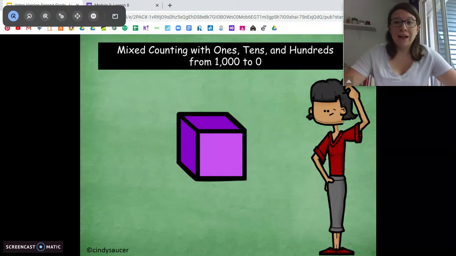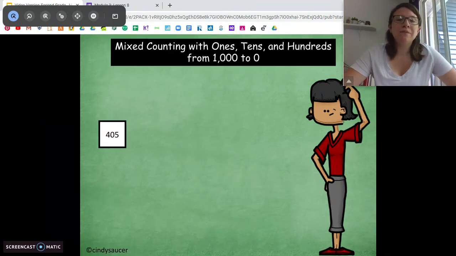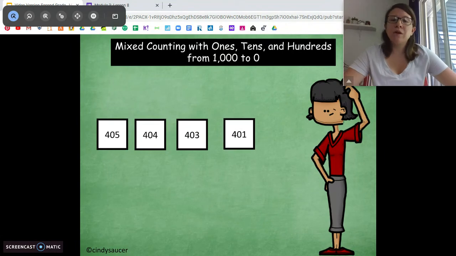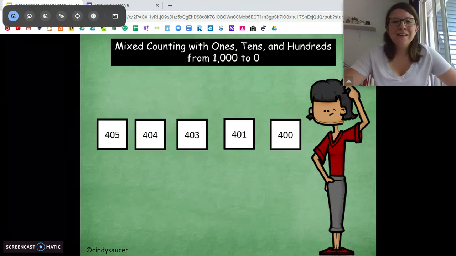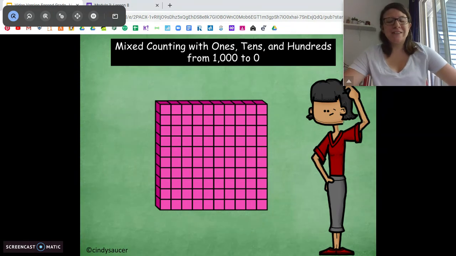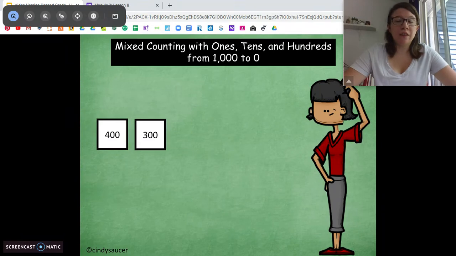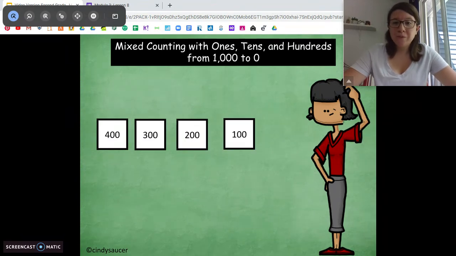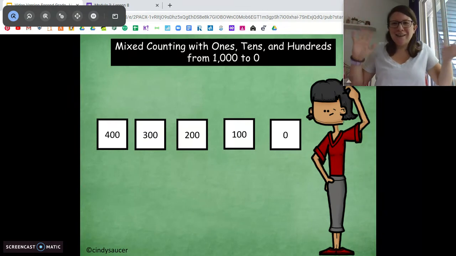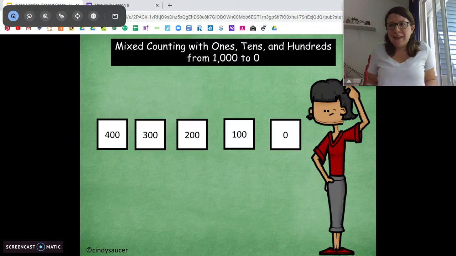Now we're going to count by ones. Good. Starting at 405, 404, 403, 402, 401, 400. Hundreds. Very good. Starting at 400, let's count backwards. 400, 300, 200, 100, 0. Good job. You guys just counted backwards from 1,000 to 0 in like a minute.